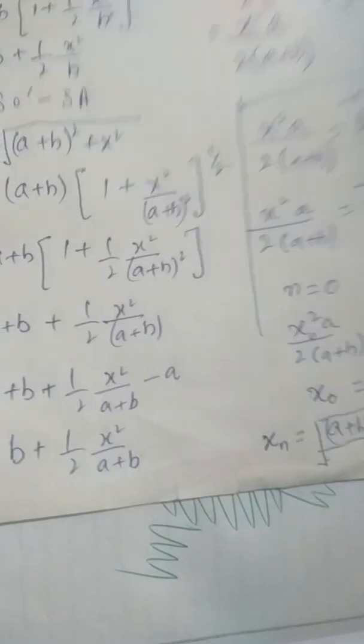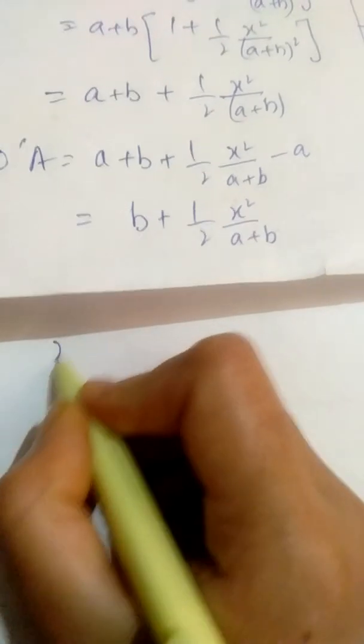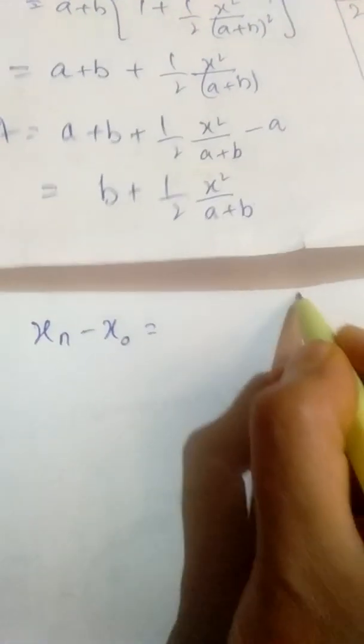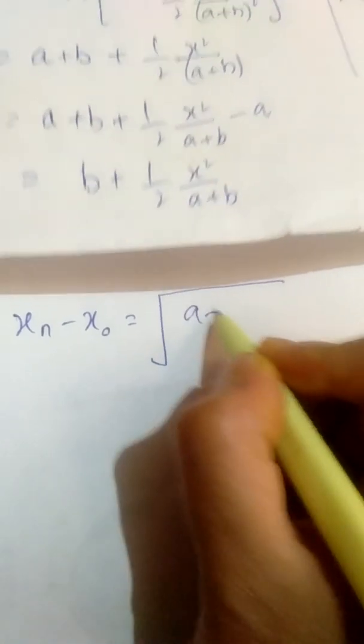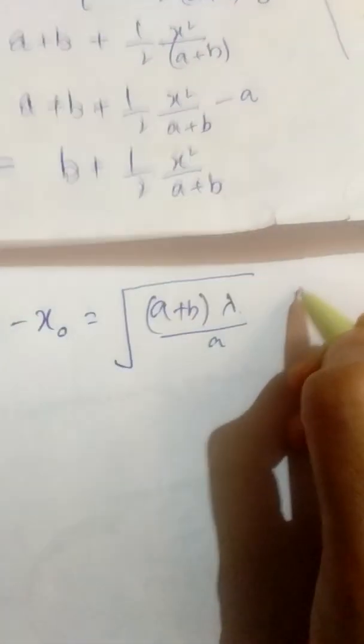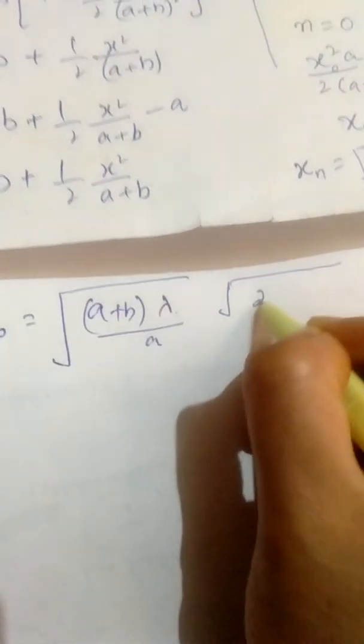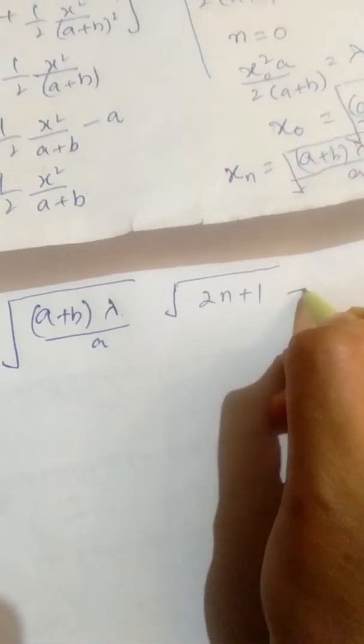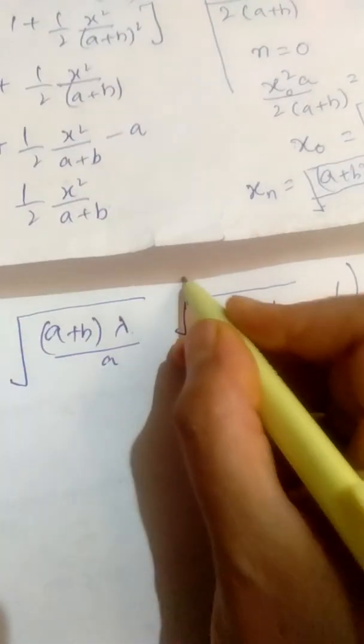From here, if we are interested in finding the distance between the two brights, that will be xn minus x naught. And how much is that? That is obviously under root of (a plus b) lambda by a, and then we can take this factor, under root of (2n plus 1) minus 1, right?